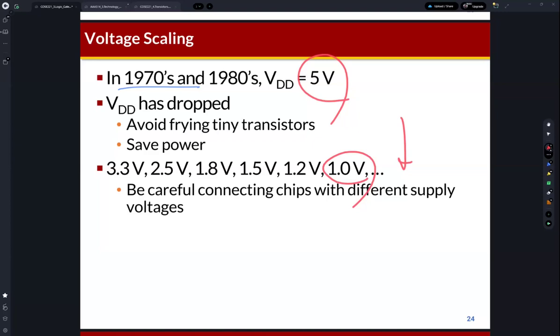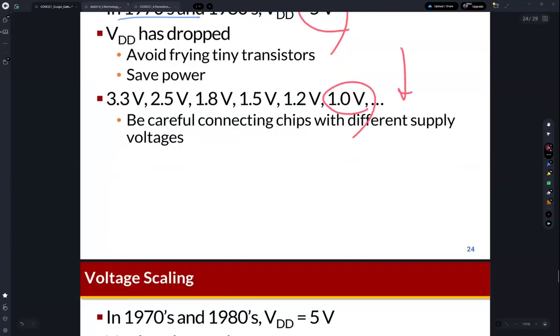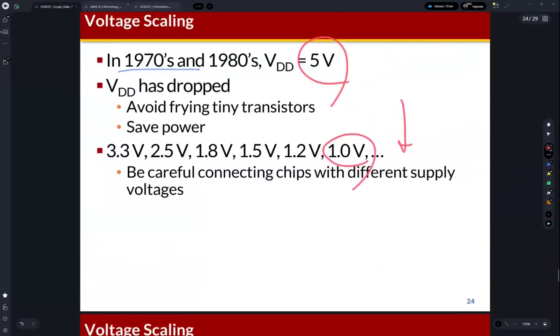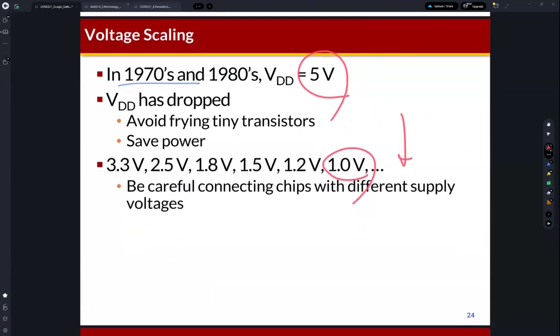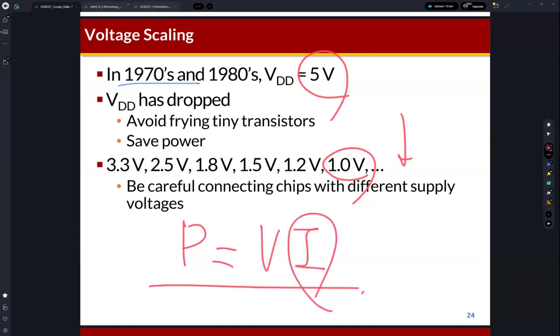Then what is the benefit of this low supply voltage? I think it is P equals V times I, right? If the I is the same, then the power consumption is determined by the supply voltage.